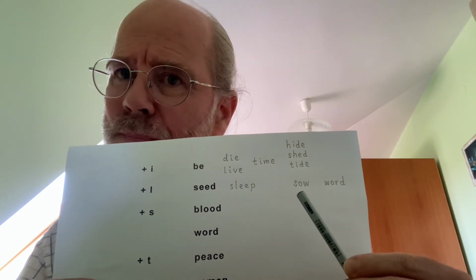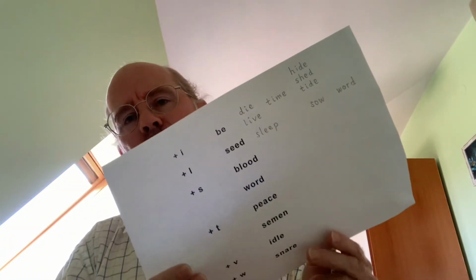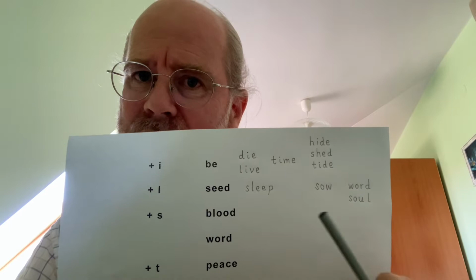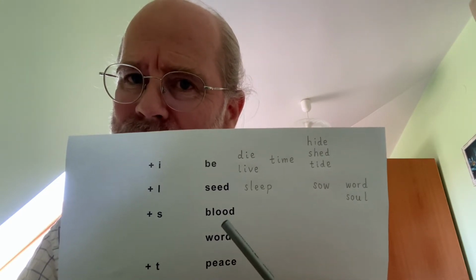And sow is very similar to another word. In fact, it forms the first three letters of that word, soul. All I have to do is change the U in soul into its semivowel equivalent, W. So sow is also in soul, just as the seed is planted in our heart.